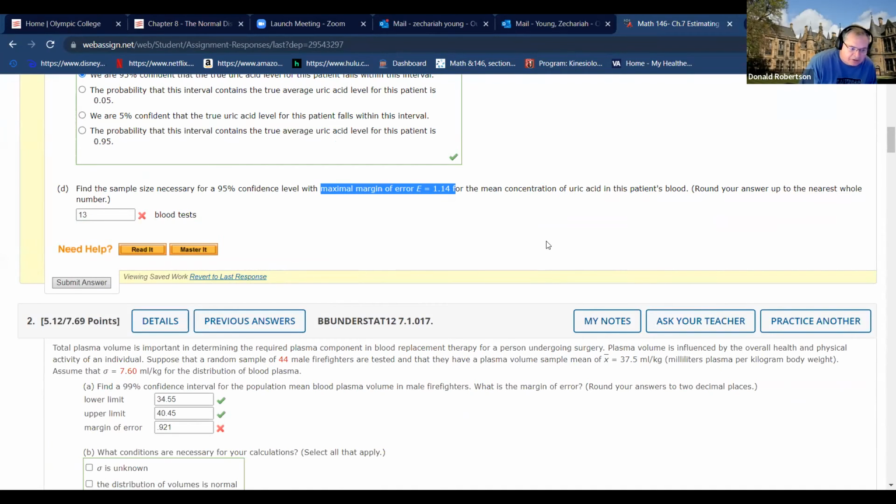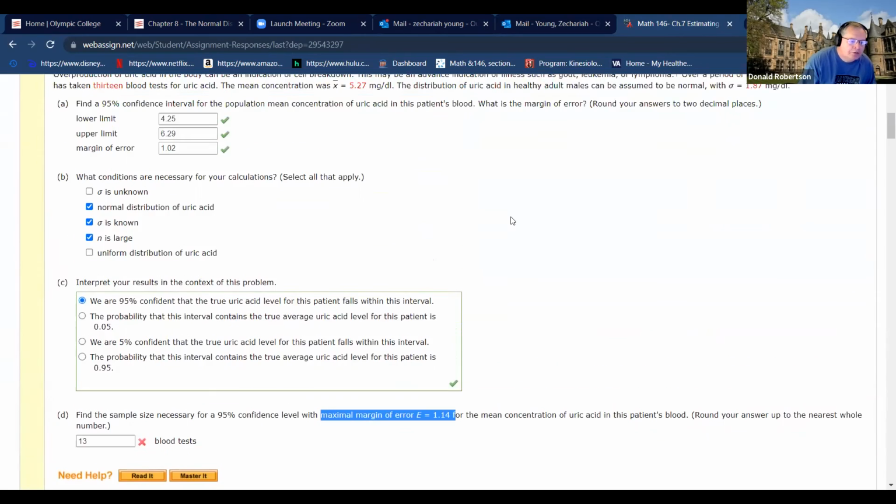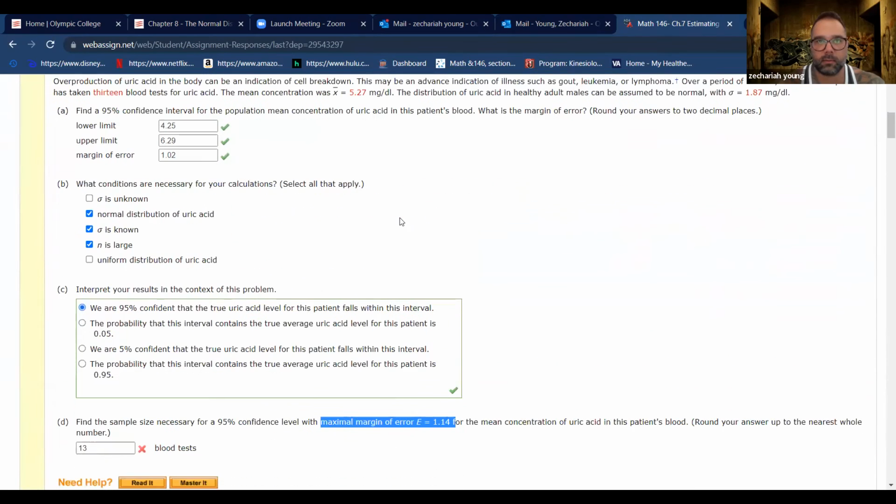Do you see that guy there? 95? Yeah. I'm writing that down. And the margin of error, which they call E, is going to be 1.14. No, that's interesting. Can you scroll up a bit, because this one here seems to have a whole number. You see all that?